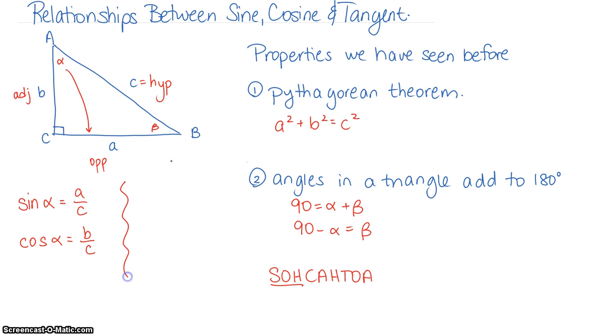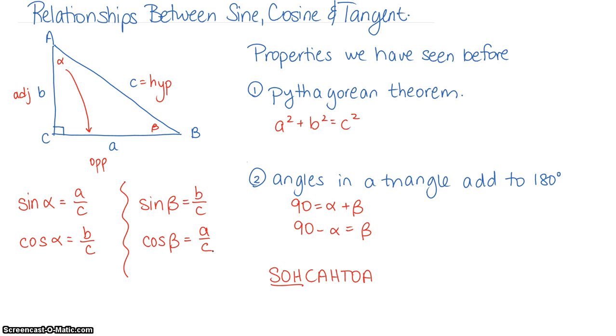But what if I was to look at it in terms of angle beta? The opposite side is over here now. So sine of beta, my opposite is going to be b over c. And my cosine of beta, adjacent over hypotenuse, is going to be a over c.